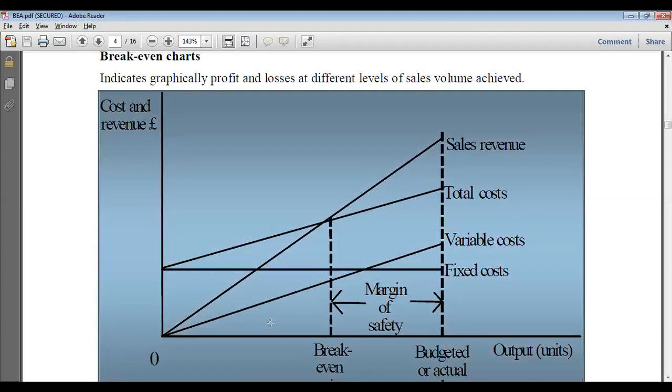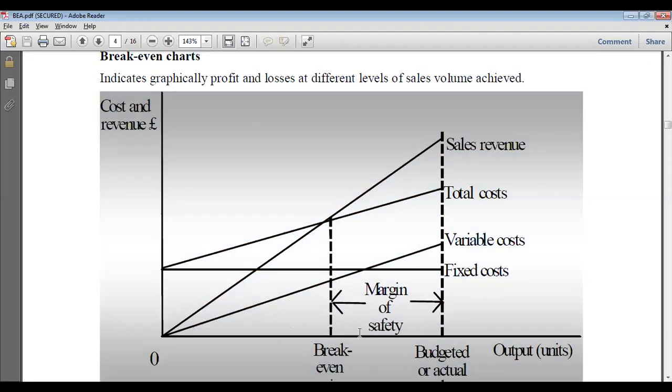This graph depicts the number of units that are produced or sold, and on the vertical axis you can see revenue generated. This is here in pounds, sometimes it is Indian rupees, and sometimes it is dollars, depending upon what kind of business we are dealing with.